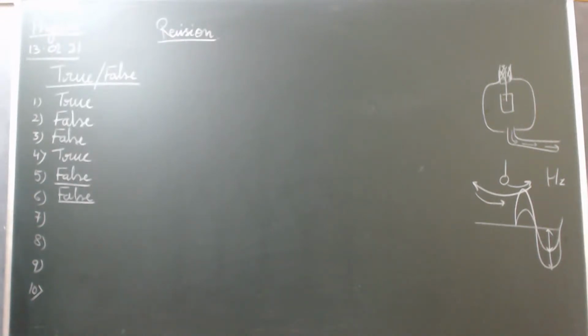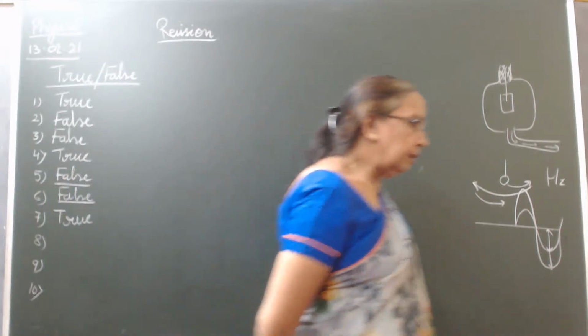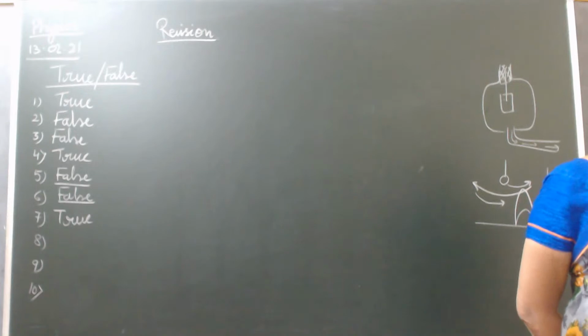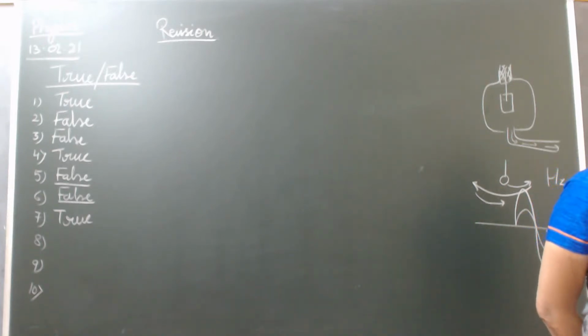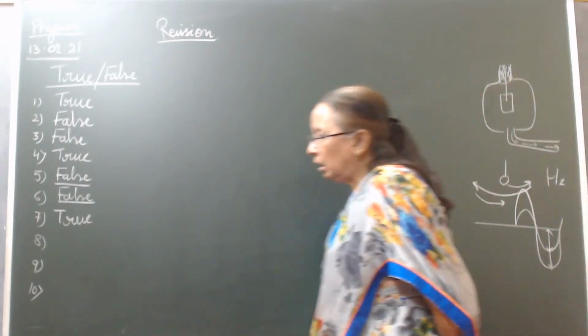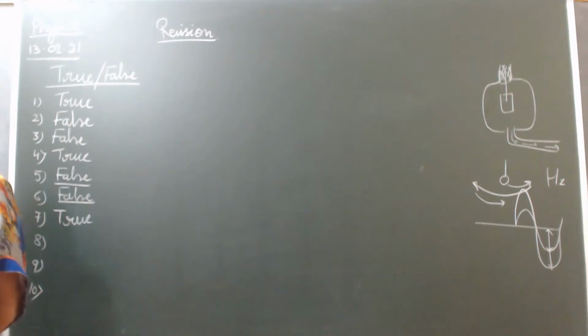Then, noise pollution may cause partial hearing impairment. That is true. If you are in a place where continuous sound is there, day, night, or 24 hours, you are living in such an area where too much noise pollution is there, then it becomes your habit.